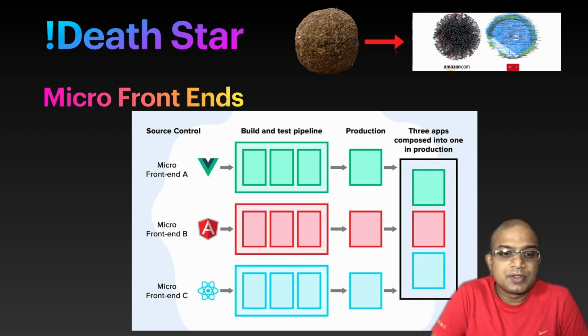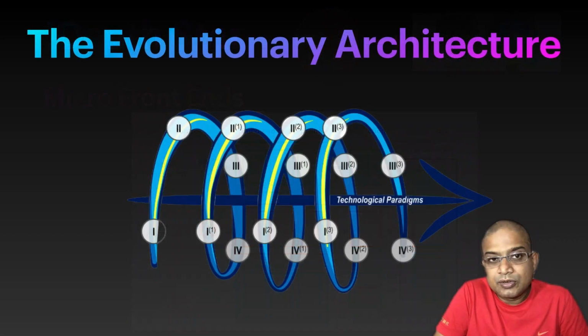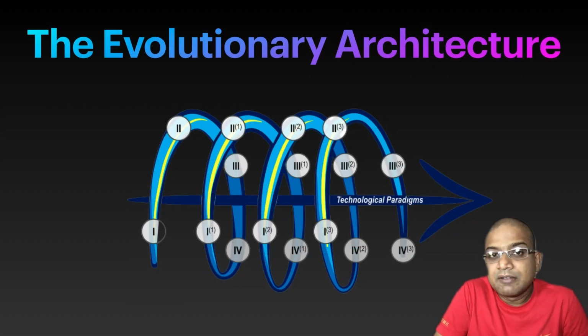That's why we are using event-driven architecture, microservices architecture, micro front ends, and everything that we have discussed so far. All these things are leading to one thing, the evolutionary architecture. As a software profession, our industry is changing very rapidly, so our software is changing very rapidly.